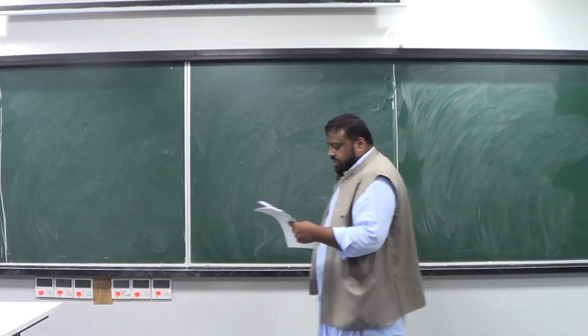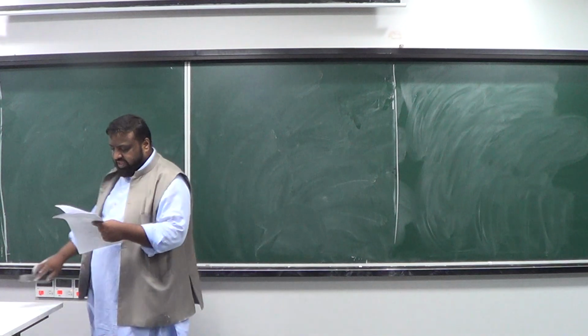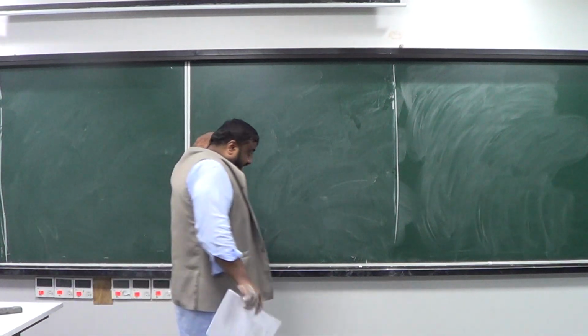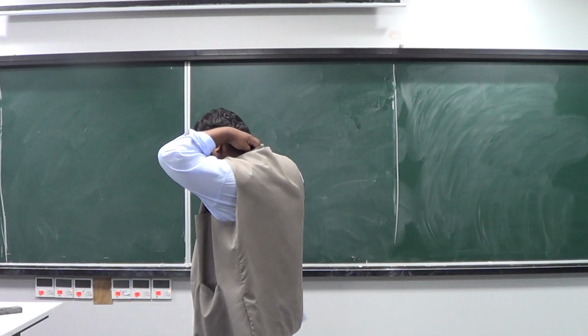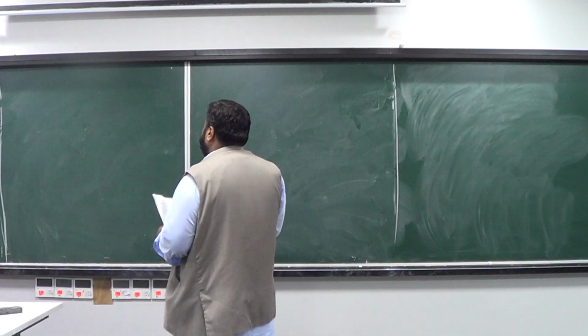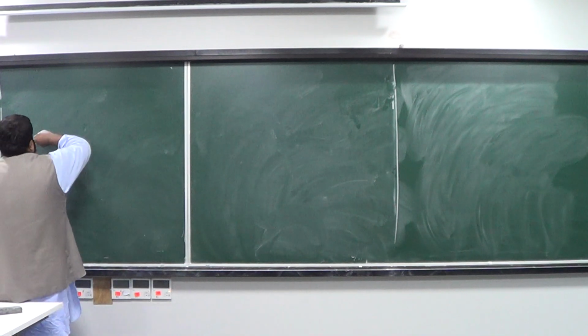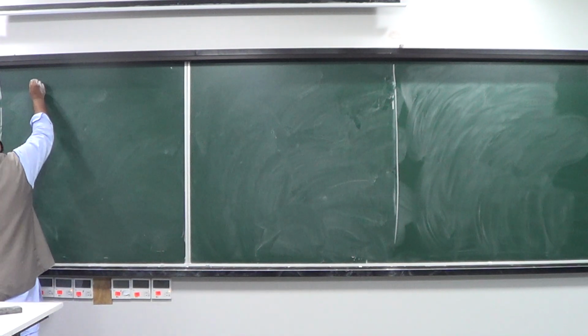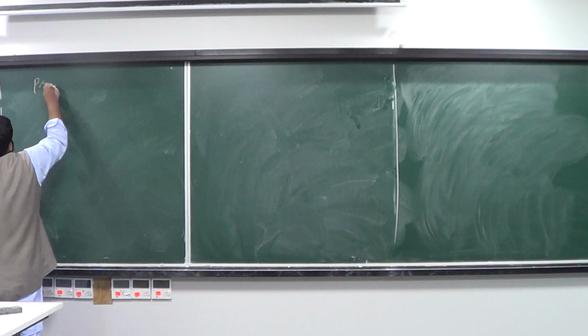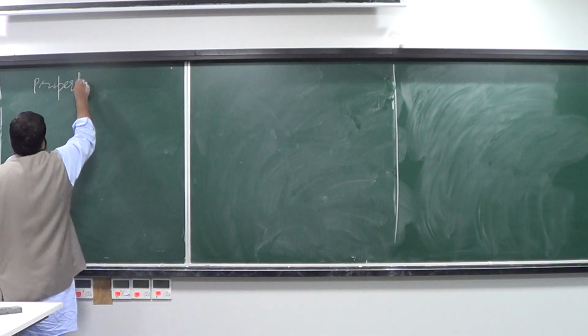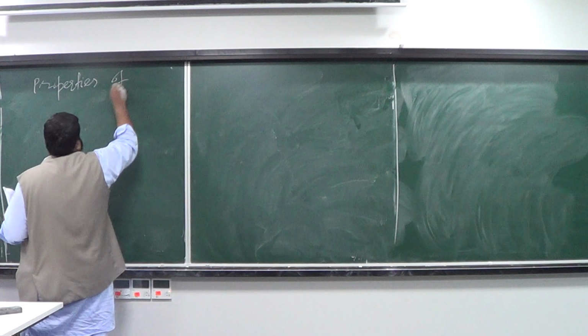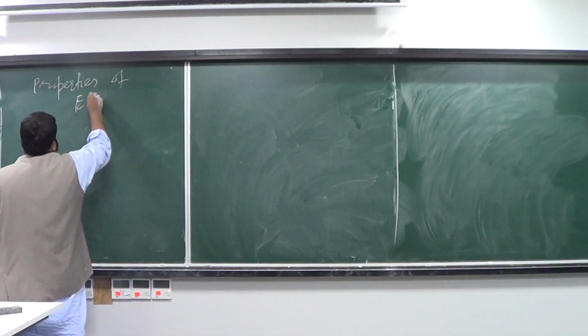So let's start with recalling the fact that, so this chapter is chapter number 7 from Ross, properties of expectations.